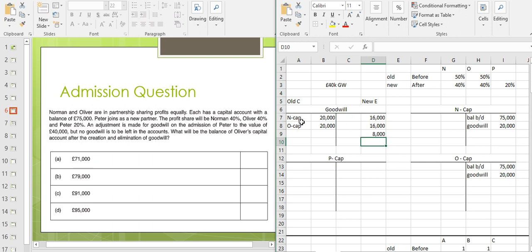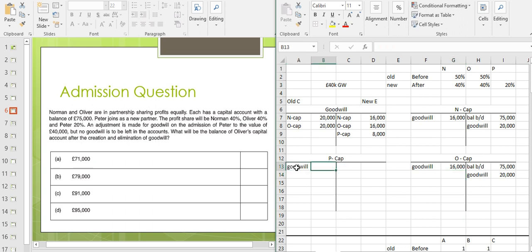I'm just going to copy that over, this is going to go to all of the partners including Peter because he's there after the change. So these are credit entries, you put the debit entry there, so that's your double entry transaction, Goodwill, Goodwill and Goodwill.